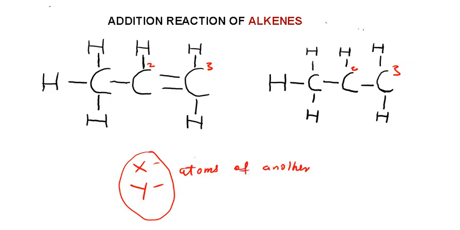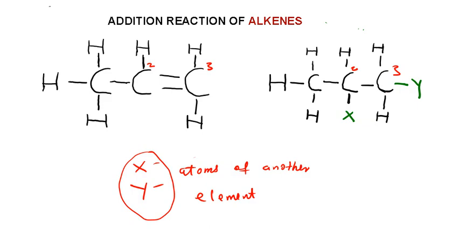Therefore, carbon number 2 now bonds with atom of another element, X. And carbon number 3 also bonds with atom of another element, Y. And this is what we call addition reaction.